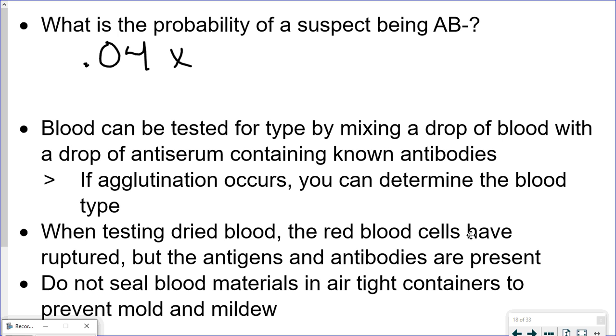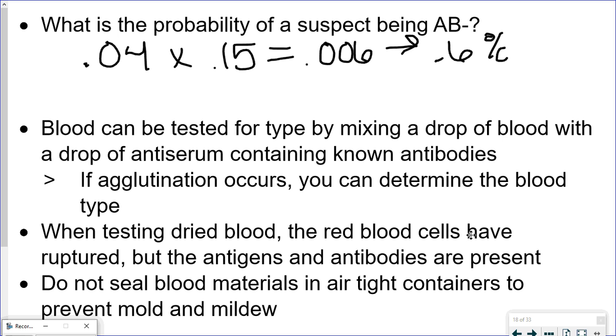The negative was about 15% of the population, so 0.15. That's going to give you 0.006, which as a percentage is 0.6%. So if we were in our same town of 1,000 people, only 6 are likely to be AB negative. We can use that to narrow down our suspect field.